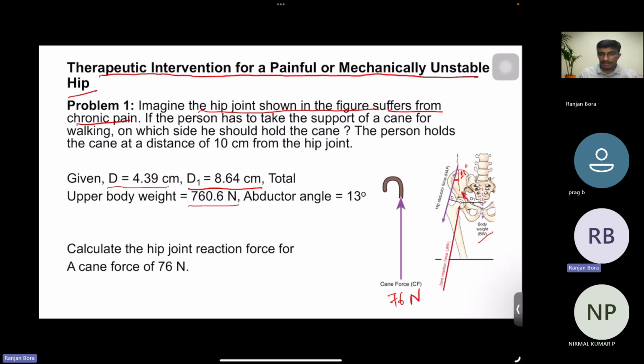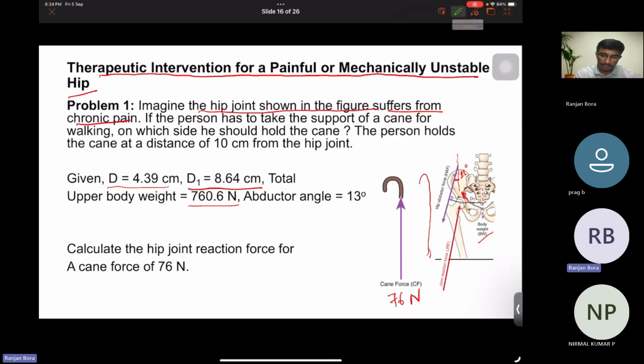Okay, there will be two cases. Either the person will take the cane on the same side of the hip joint, or on the opposite side of the hip joint. So we'll solve both the cases.